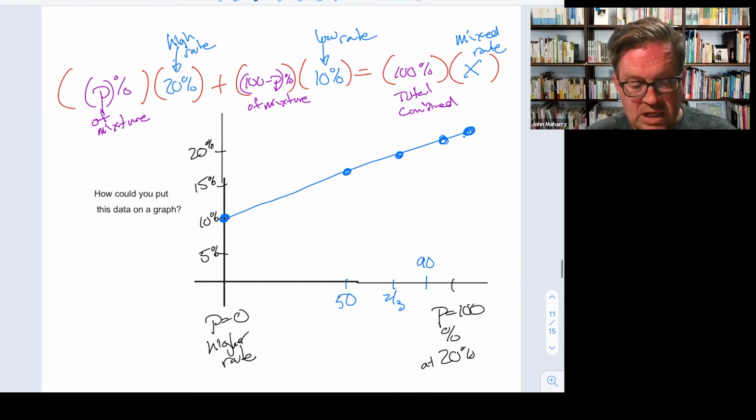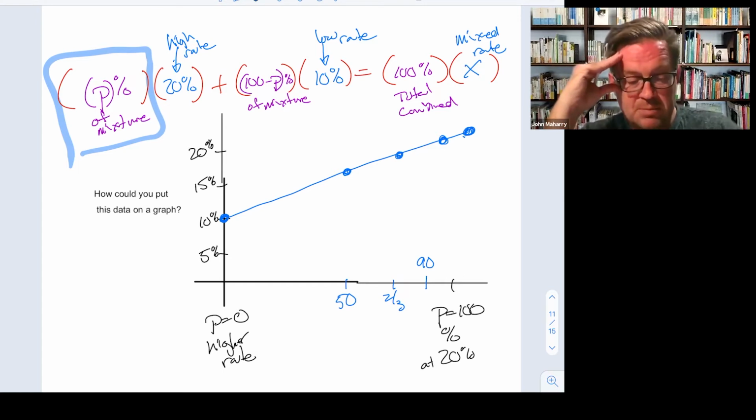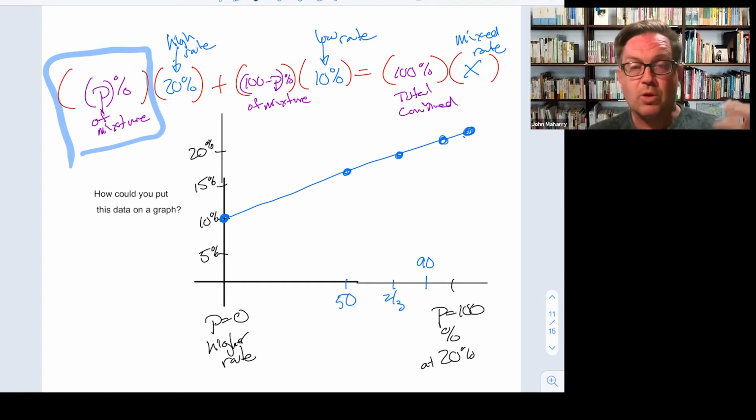It turns out you can come up with a little formula, a nice linear equation, if your variable is P, the percent of people at the high rate. So if you're mixing two things, you've got some at a high rate and some at a low rate. And it could be a percent, it could be a high cost, like we did dollars per pound, it could be a high concentration, like grams per liter, whatever.